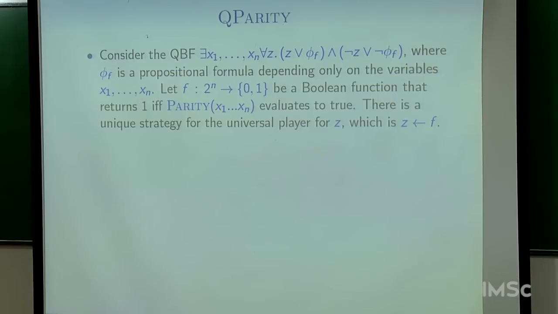So we use this formula that encodes parity, called Q parity. We existentially quantify all the variables that are going to go into parity. We then add this universal variable Z, and we encode that Z is equivalent to not parity. It doesn't matter which way around it is.